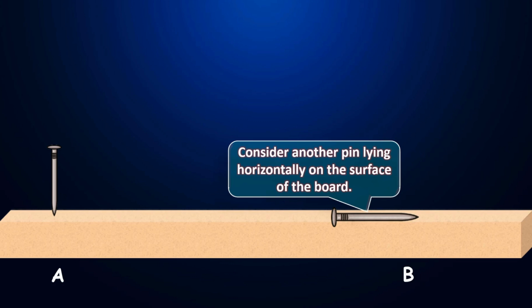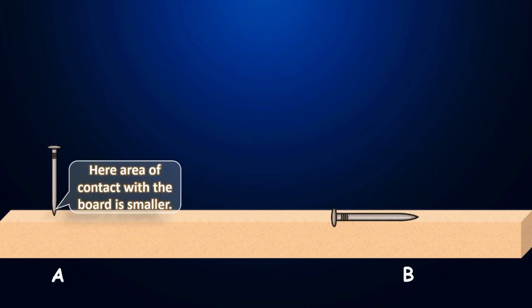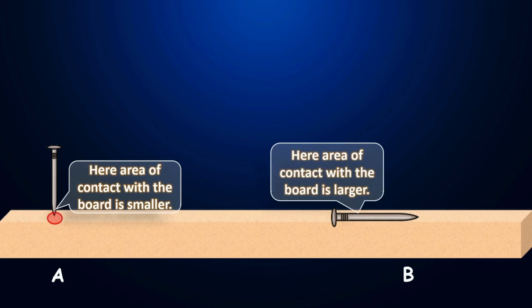Consider another pin lying horizontally on the surface of the board. Here, the area of contact with the board is smaller for pin A, and for pin B the area of contact with the board is larger.